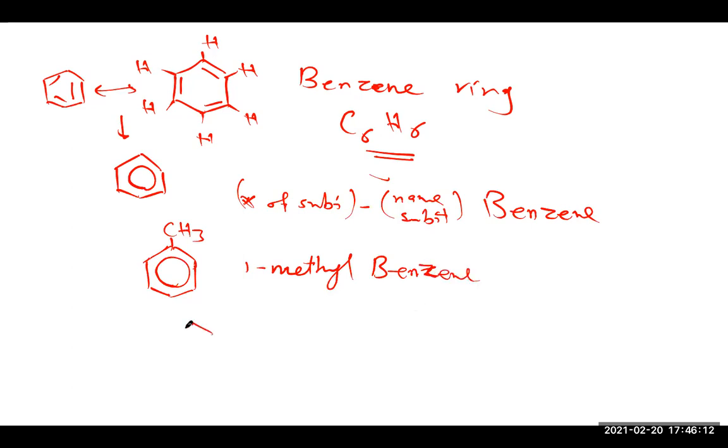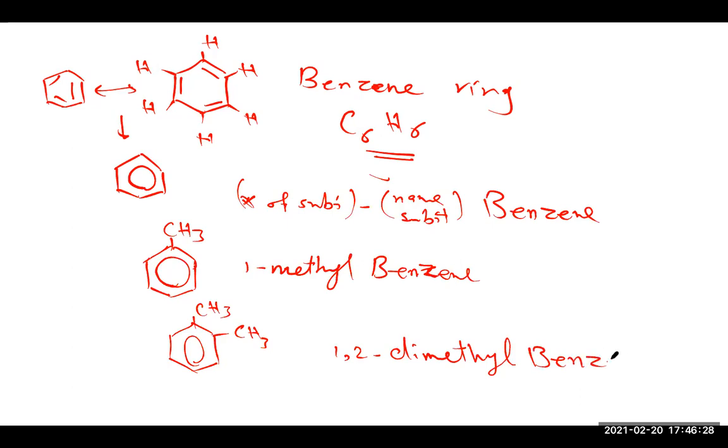Okay, we could have this one, which will be 1,2-dimethylbenzene. And that's it for benzene. Okay, we could have a lot of substituents, so we need only to number them and write benzene.